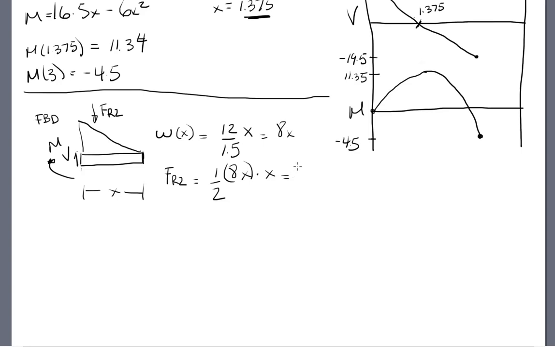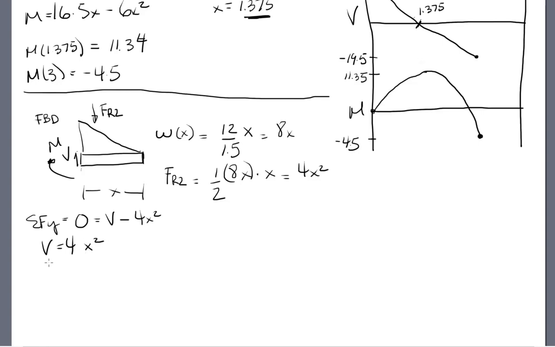So that's going to be 4x squared. Okay, so that is FR2 as a function of x. So now, if I look at sigma Fy equals 0, I've got V minus 4x squared equals 0. So V is equal to 4x squared.